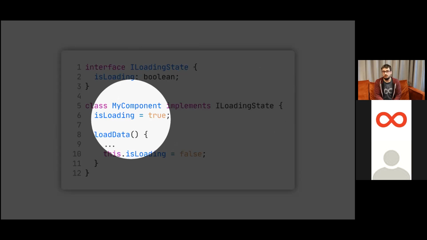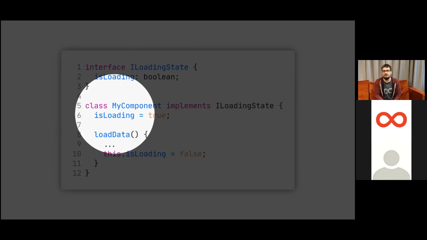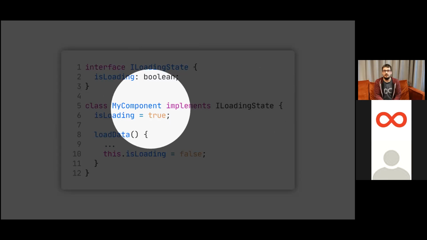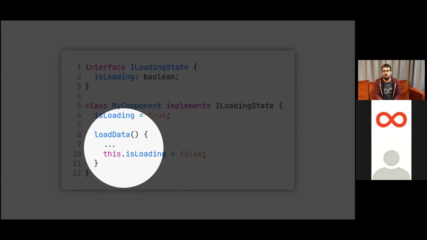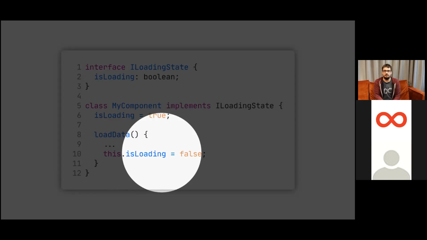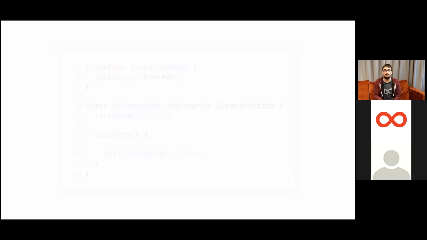If we do not have this line here, we will get a compile error, and it will say that my component does not implement the interface. So we need to add this property. And then we could have a loadData method in our component that, once it's finished loading the data, just flips the value to false.